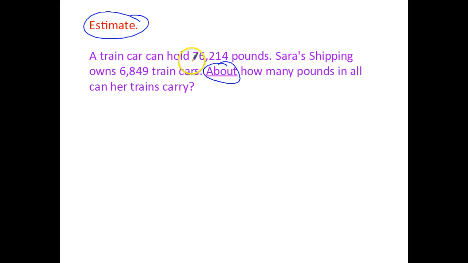I'm going to round both numbers off to the highest place. So 76,214, level 6 bully, get off my floor, go up one more. It's going to go to 80,000. 6,849 train cars, underline the 6 in the highest place. Level 8 bully, get off my floor, go up one more. It's going to go to 7,000.